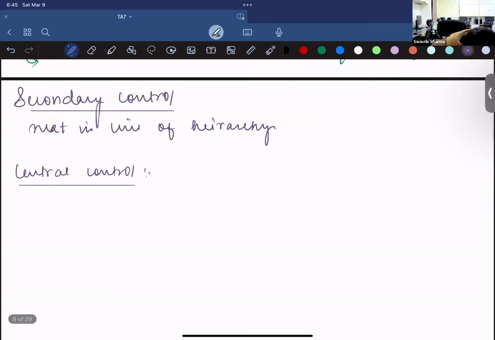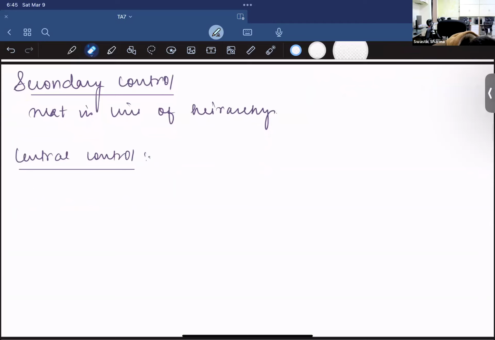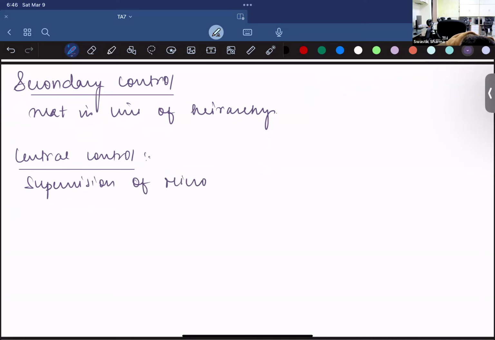Its main function is supervision of your microgrid, right? All the microgrid activities, be it to participate in a market, or islanded mode of operation, standalone operation, grid connected mode, all of this is done by your central control.